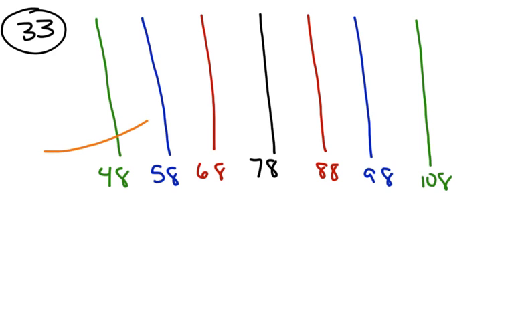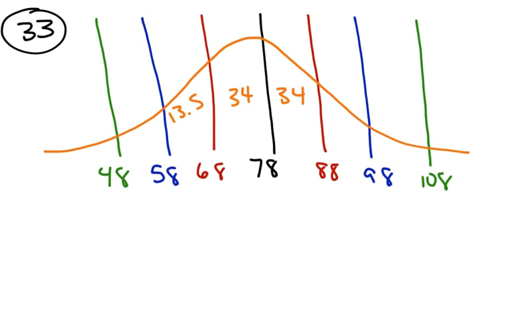And then here is my normal distribution curve. All right, so I'm going to fill in the percentages: 34 and 34, 13.5, 13.5, 2.35, 2.35, and 0.15, 0.15.